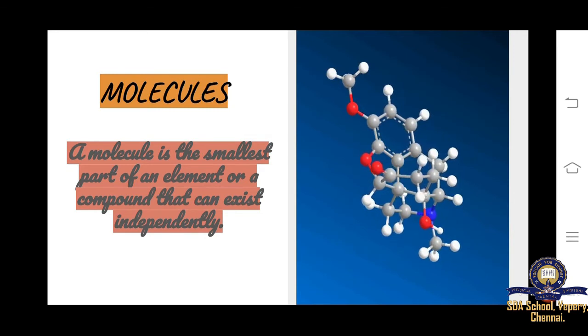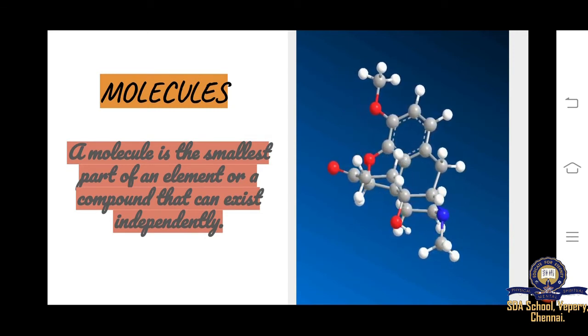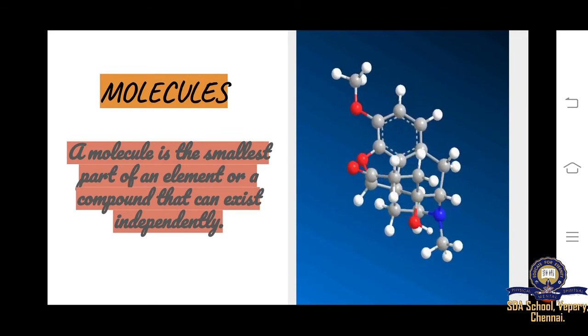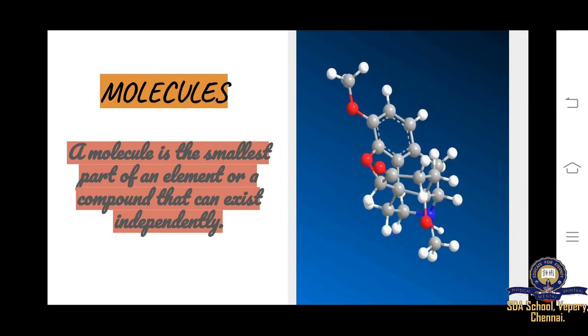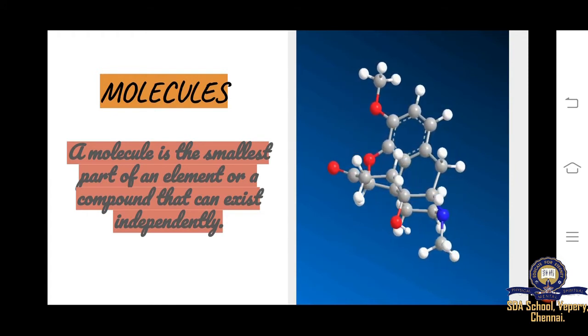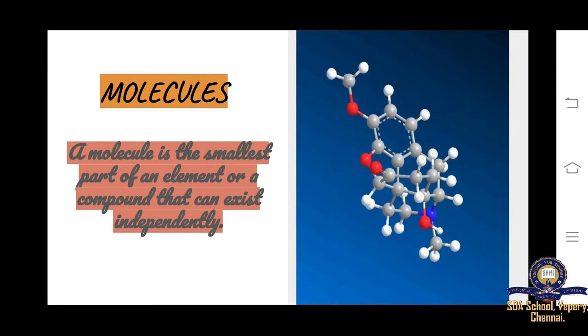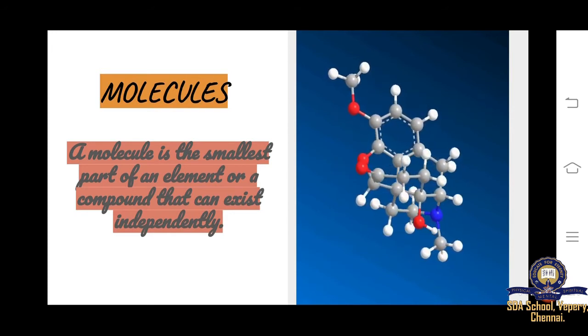Next, molecules. What is a molecule? A molecule is the smallest part of an element or a compound that can exist independently. So in a molecule we have 2 or more atoms combining together, so we can say it is a compound also.